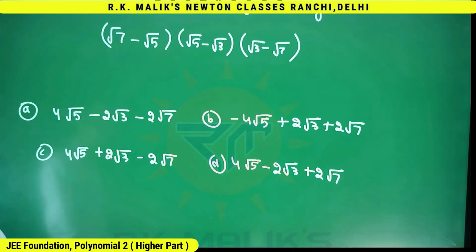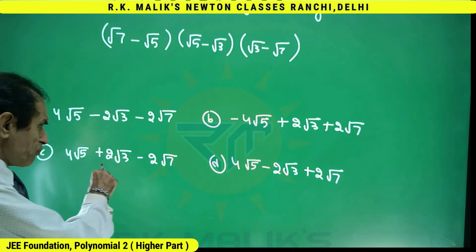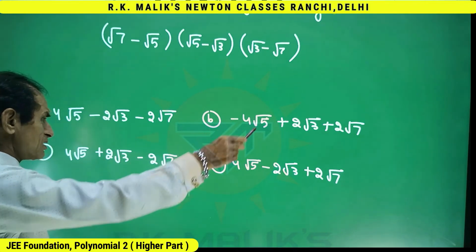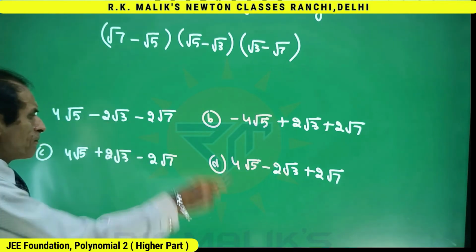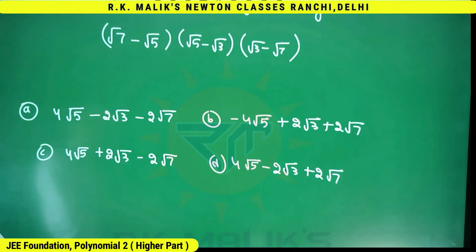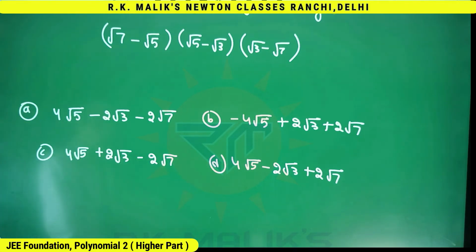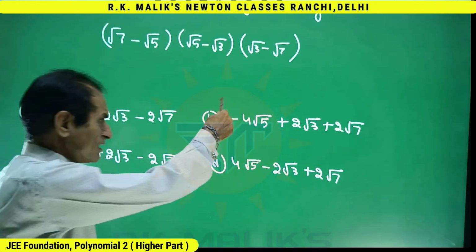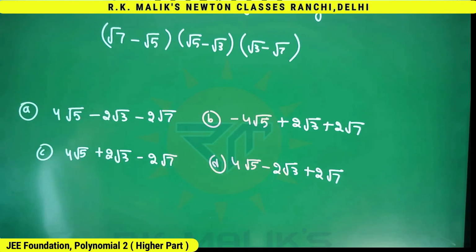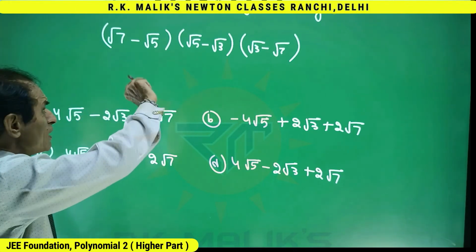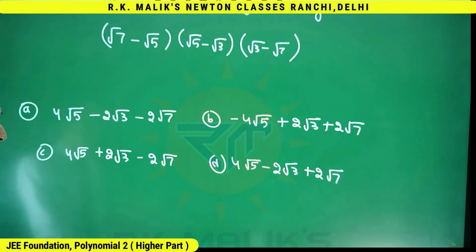And for 2 root 3, plus 2 root 3 is present in these two choices, minus 2 root 3 in the others. Just wait, you will understand. Similarly, in these three choices, 4 root 5 is present, and in this choice only, minus 4 root 5 is present.